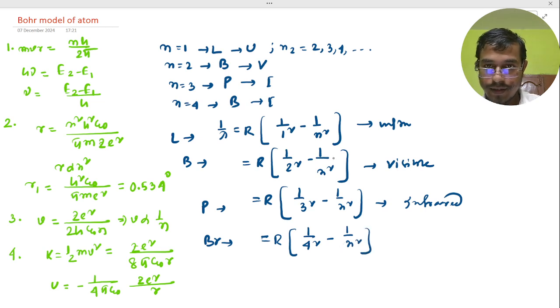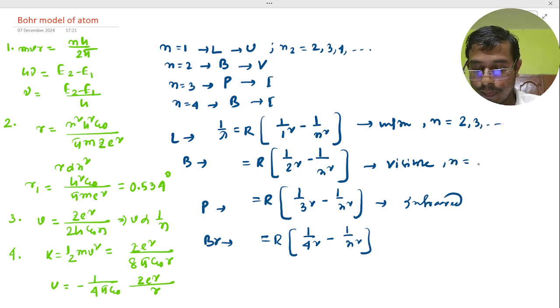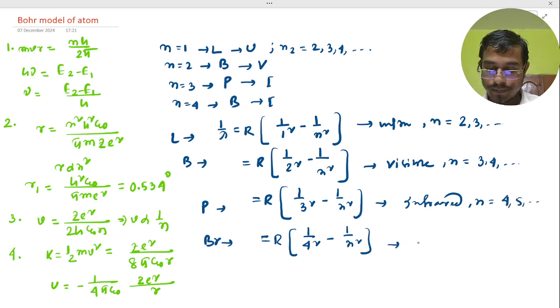Here n should be 2, 3 and so on for Lyman, 3, 4 and so on for Balmer, 4, 5, 6 and so on for Paschen, and 5, 6 and so on for Brackett. So this is our series.